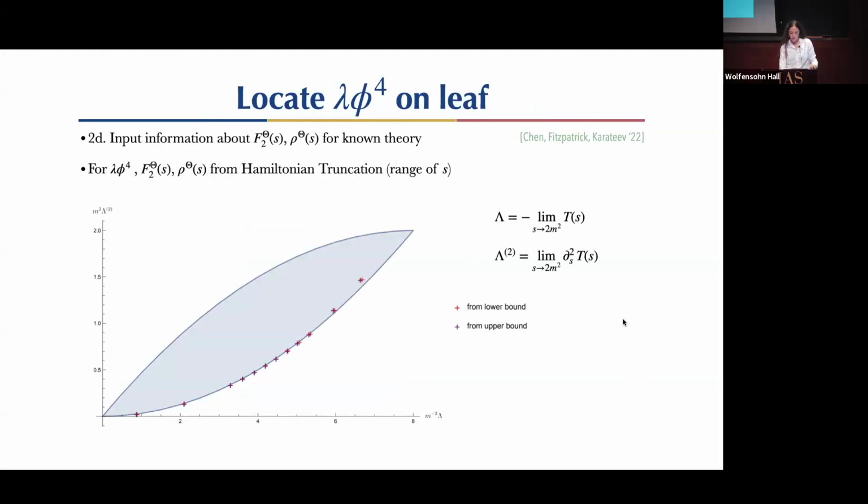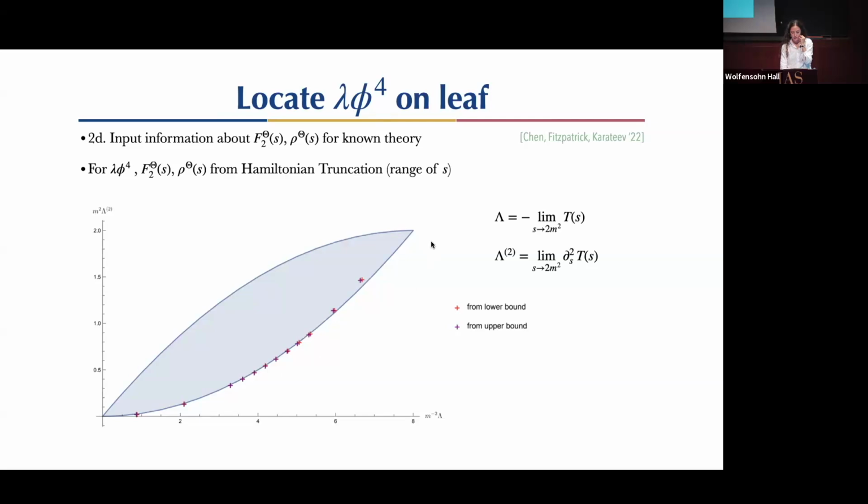Another thing you can do is to locate a particular theory in your space of amplitudes, which is the same as done here, but this is for a space you already saw, this leaf. So in this paper, what they did was to try to locate phi to the 4 in this leaf we studied.